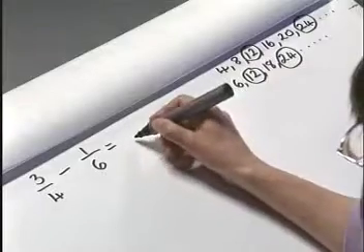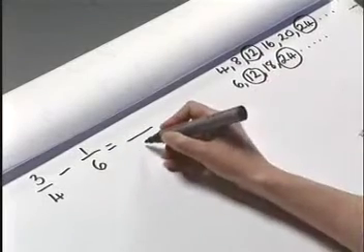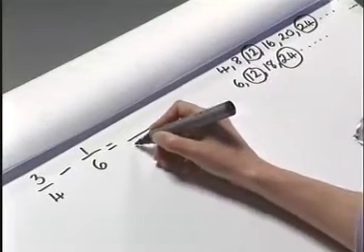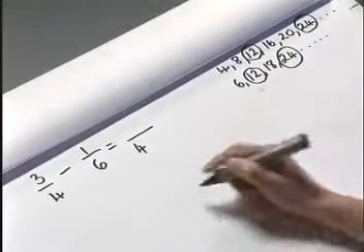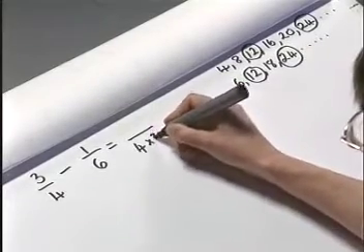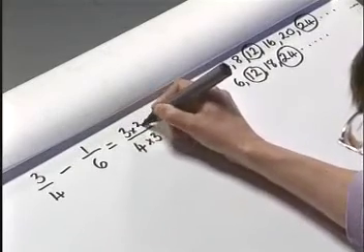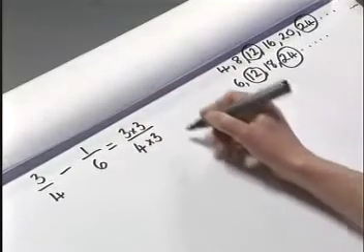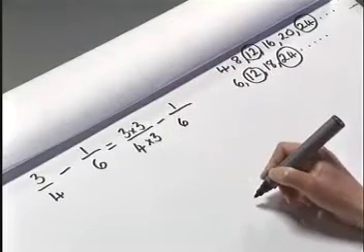So we want to turn our 3/4 into an equivalent fraction with 12 as the denominator. Well, what have we done to 4 to make it 12? We've multiplied by 3. So we must multiply the numerator by 3. What have we done to our 6 to make it 12?